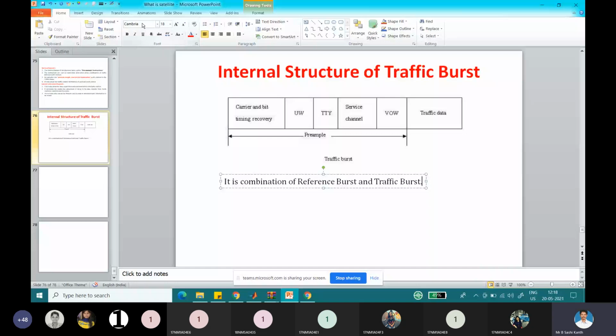The only difference here is that we are removing the control and delay channel and adding the traffic burst at the end. So this traffic burst is nothing but the original data.